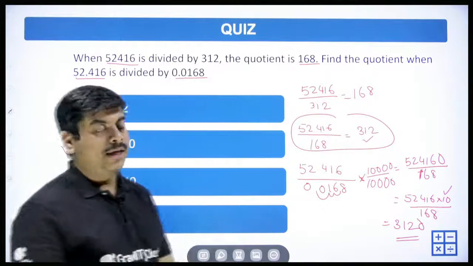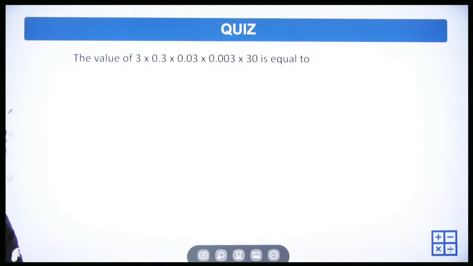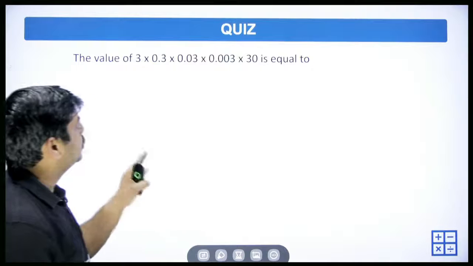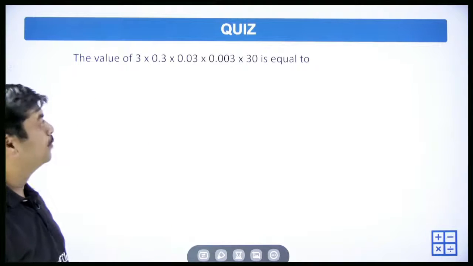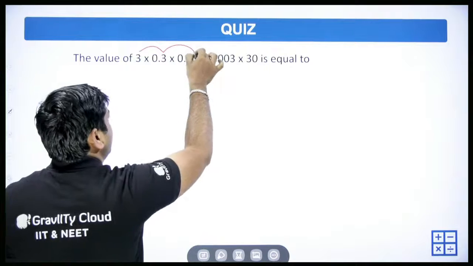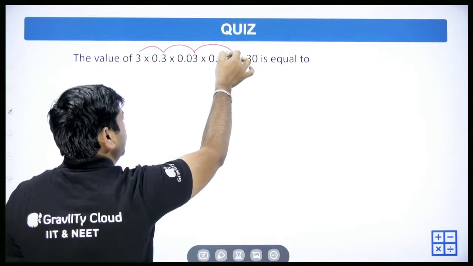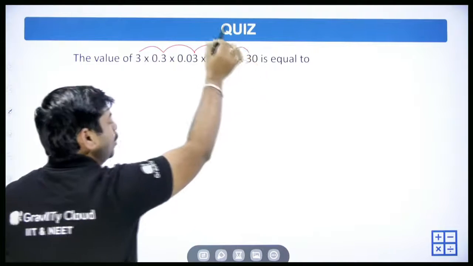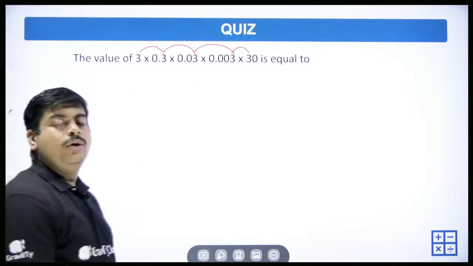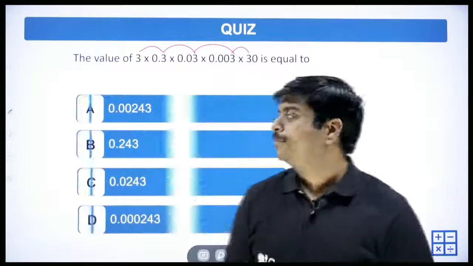Okay, moving forward, the value of 3 into 0.3 into 0.03 into 0.003 into 30 is equal to. So 3 3s are 9, 9 3s are 27, 27 3s are 81, 81 3s are 243, maybe, I'm not sure. But we need to be very careful with all the decimals again. So please quickly do that.